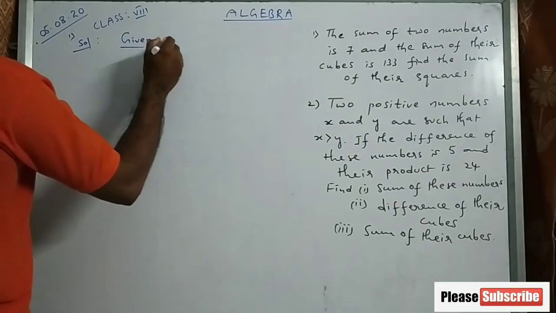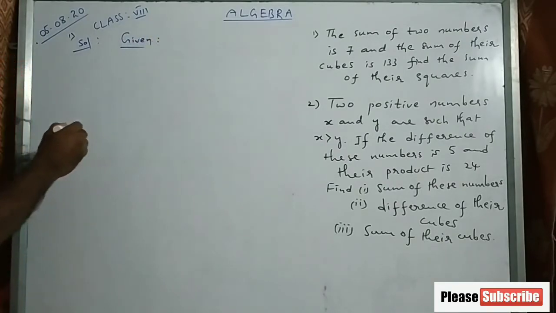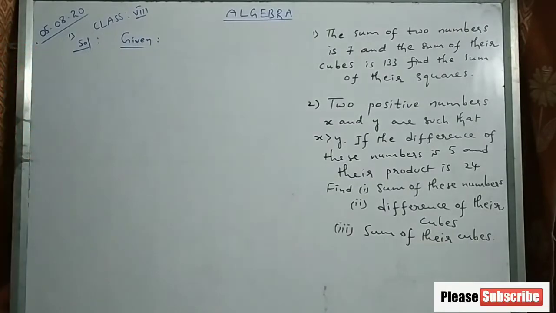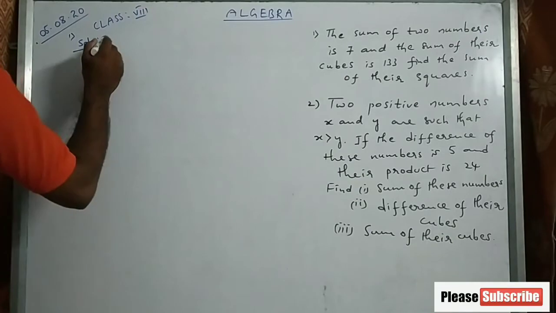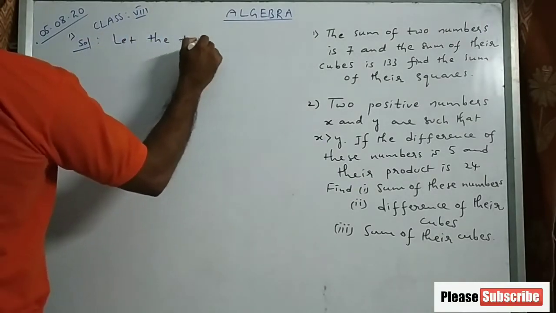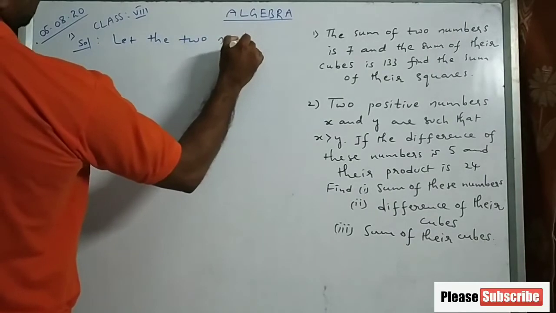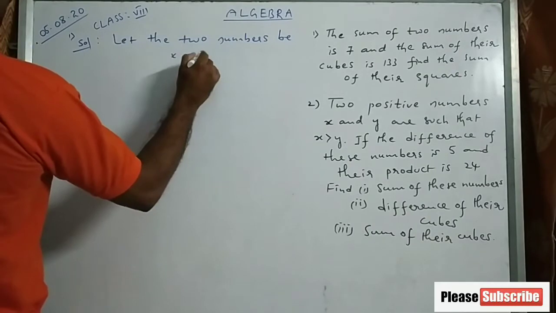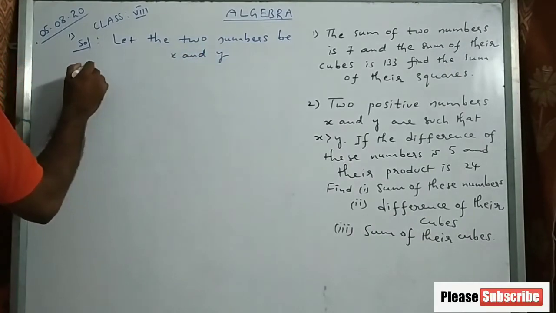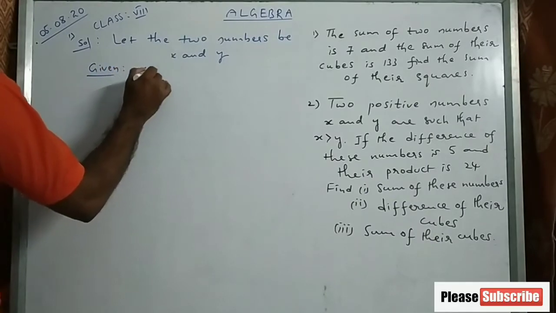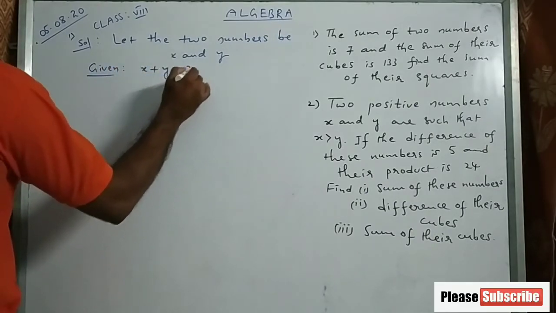The sum of two numbers is 7, right? Let the two numbers be x and y. So what is given here? x plus y is equal to 7.